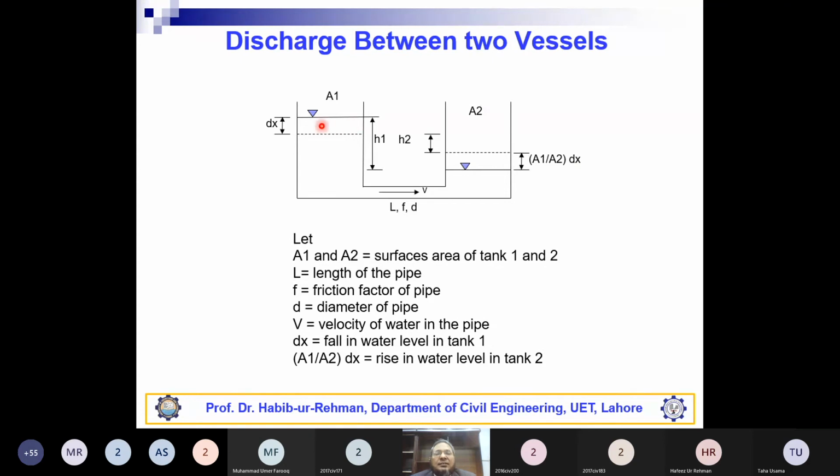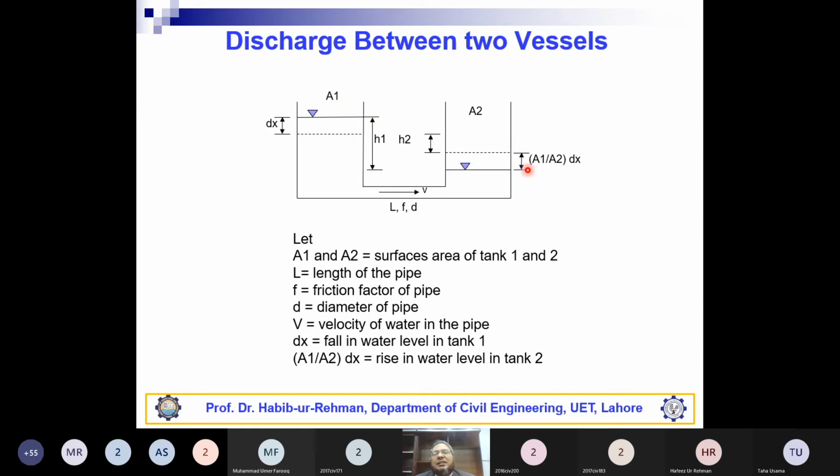Volume 1 is equal to volume 2. तो भाई यही करेंगे ना? Volume 1 is equal to volume 2. How can you compute volume 1? Area 1 into dx, यही होगा volume 1.